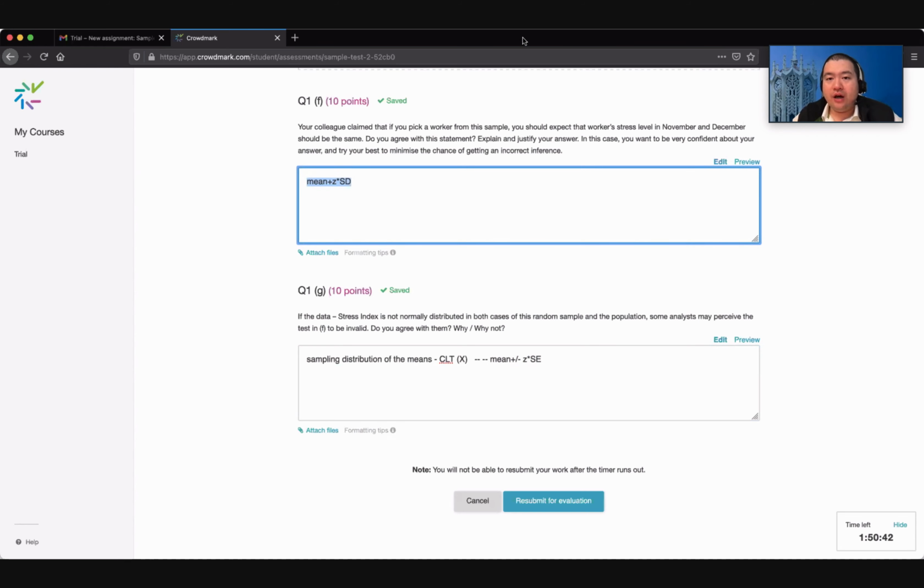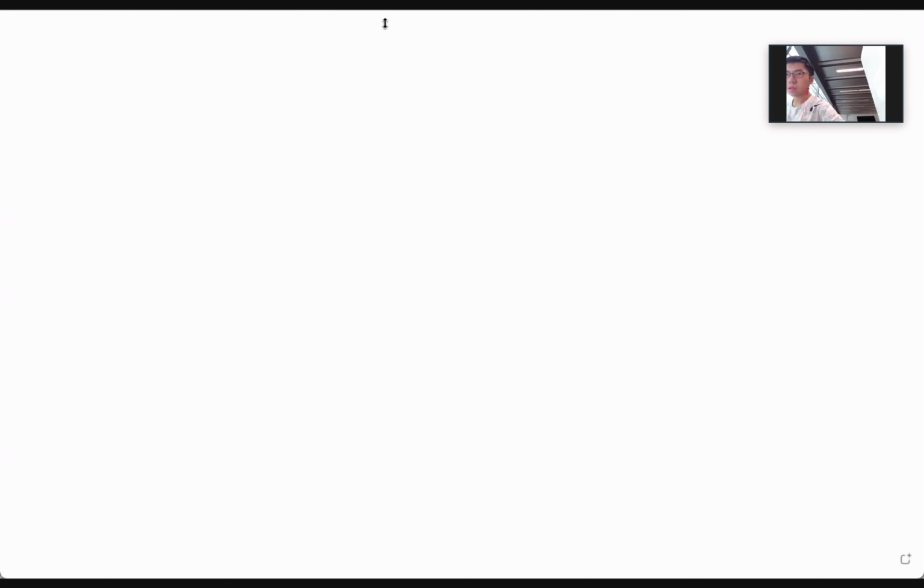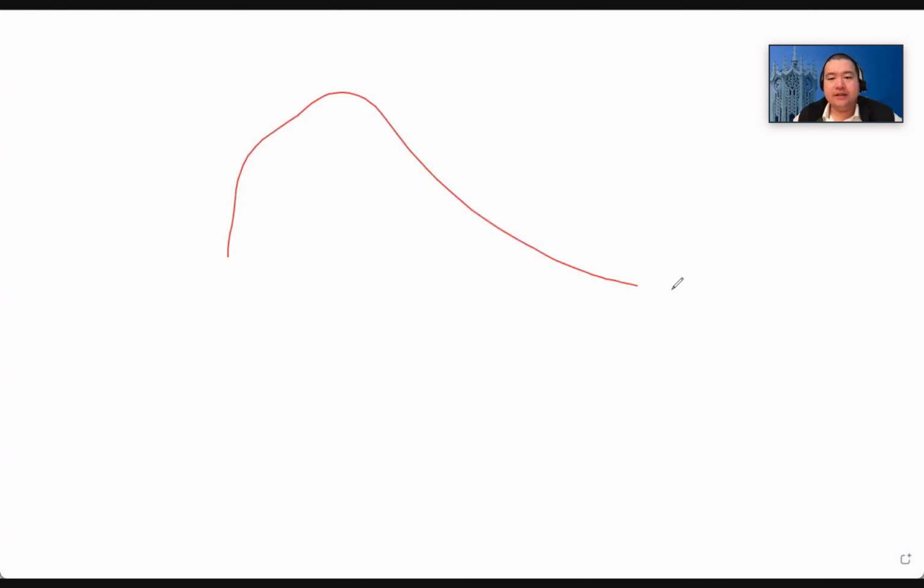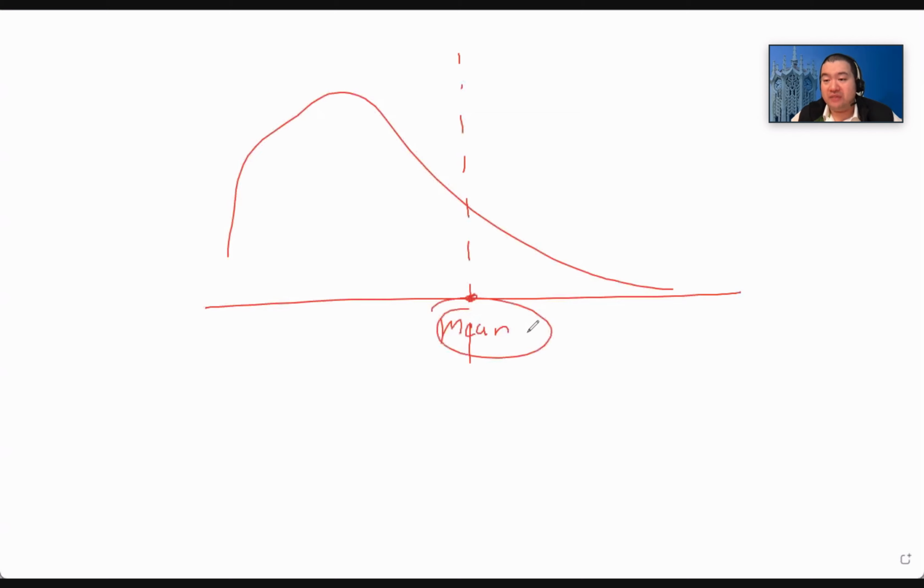But when you use the other formula, let me use the whiteboard. Suppose this is right skewed, but your confidence interval treats the mean as being here, when actually the mean is here, and this is your confidence interval.